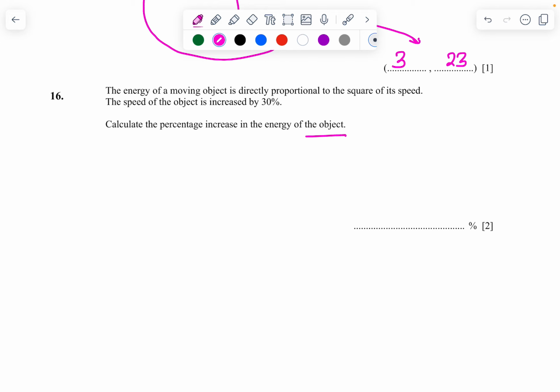So for that, what am I going to do? I am going to use the percentage increase formula. How am I going to use that? Let me start a new one.